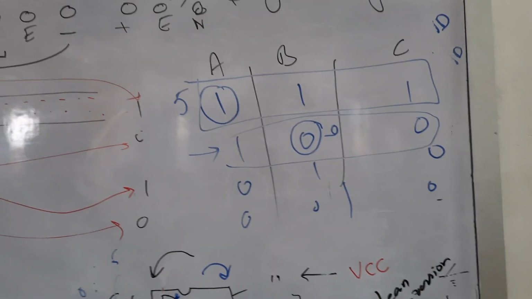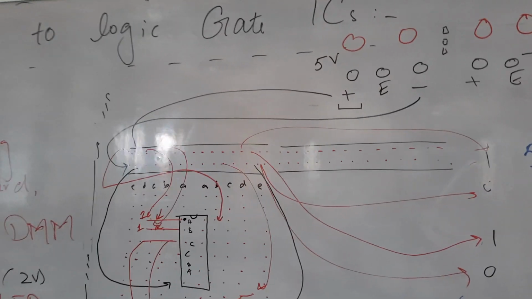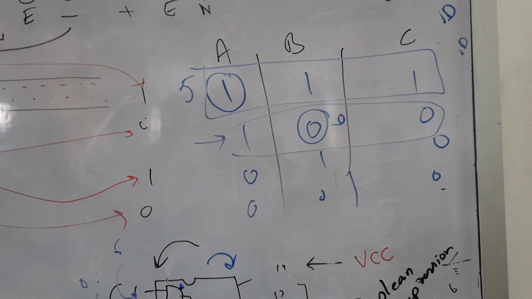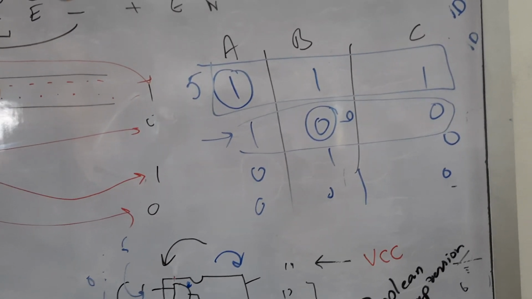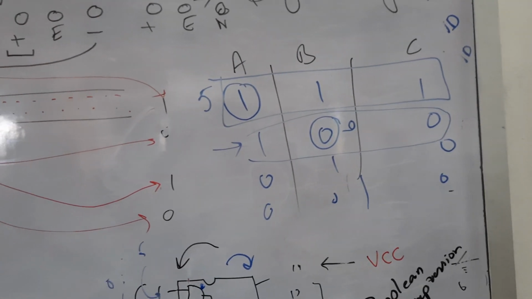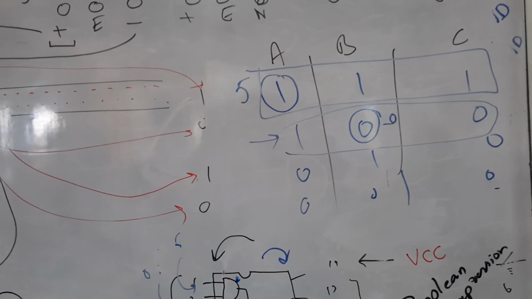You will make a truth table out of it, and on the basis of your truth table you will predict which IC you were given.